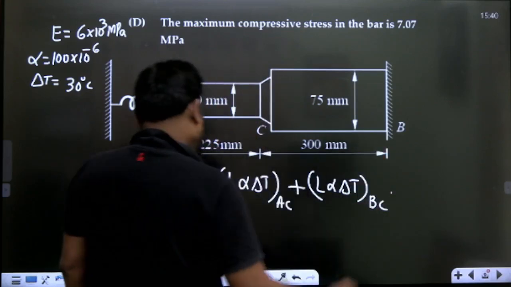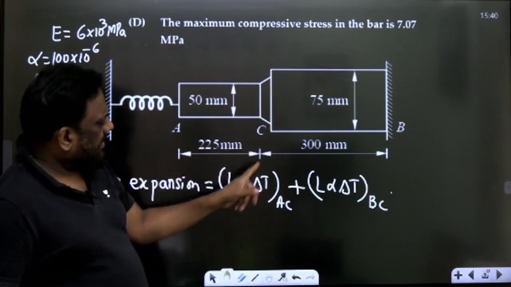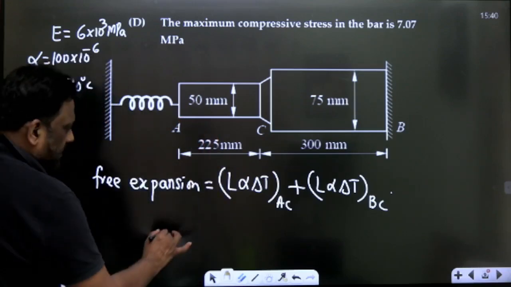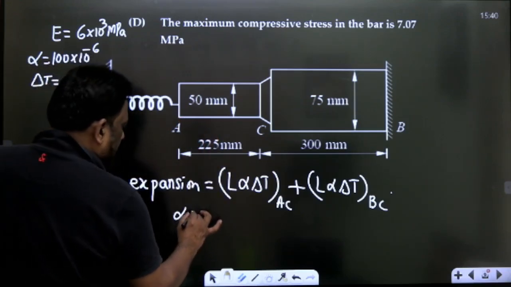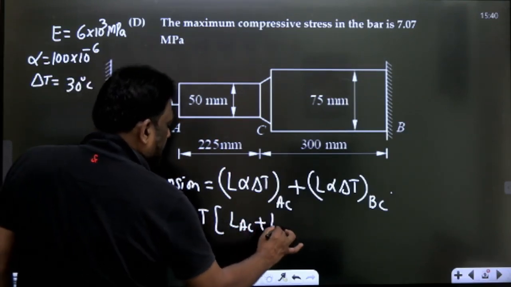Now understand. The material is the same, alpha is the same, and the temperature difference through which both are heated is also the same. So I can take alpha delta T out, times the length of AC plus the length of BC.